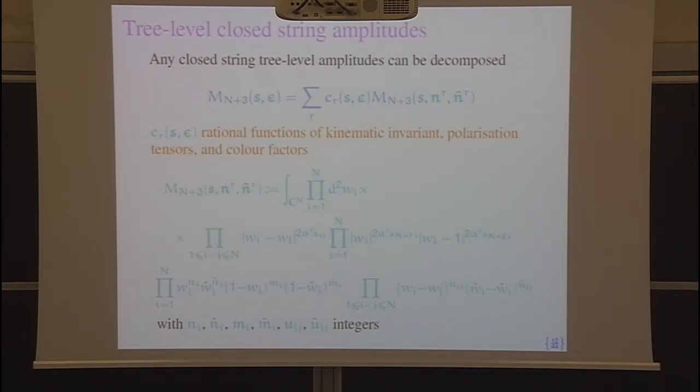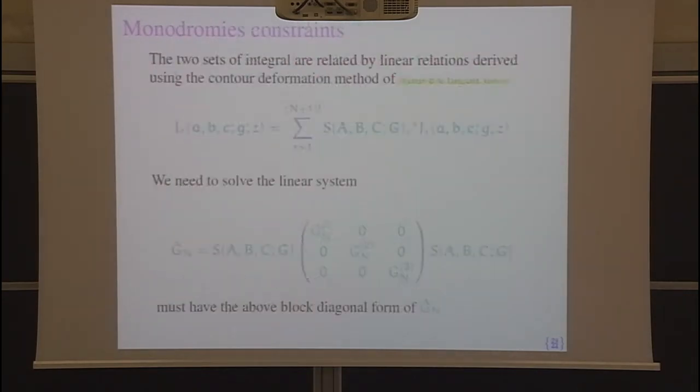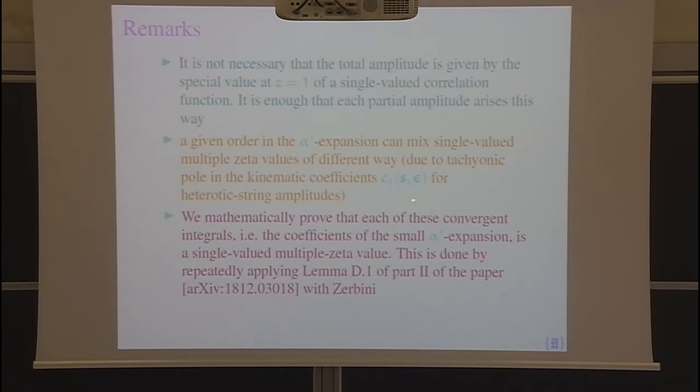But of course, it doesn't. The kinematical coefficients are only rational functions of the kinematic invariants. So this never contains any pi's, any 2's, any zetas, any log 2's. That means it doesn't spoil the fact that I have only single-valued multiple zetas in my expansion.